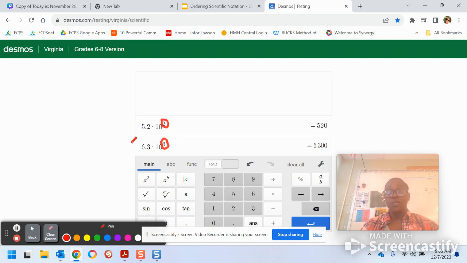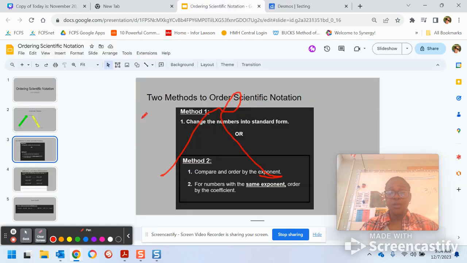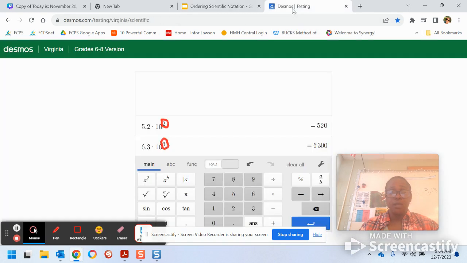Which exponent is bigger? The 3 is bigger. So therefore, we could automatically choose that one. When we go back over to our notes, it says we did it by the exponent, but then it says for the numbers with the same exponent, you have to order by the coefficient. So let's go back over to our Desmos calculator and talk about the coefficients.